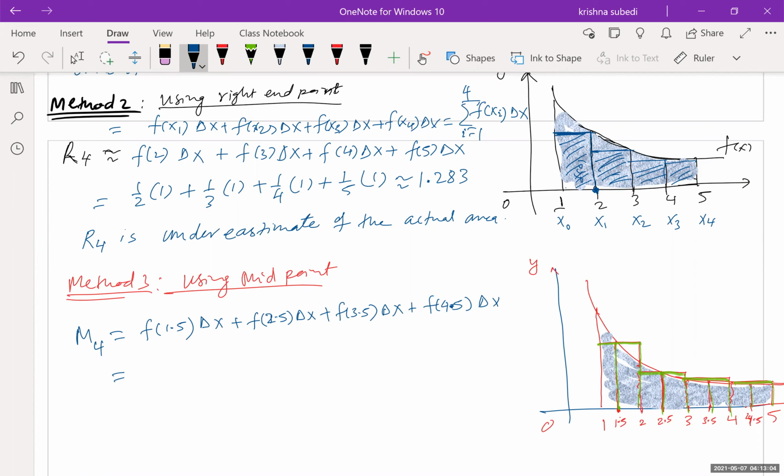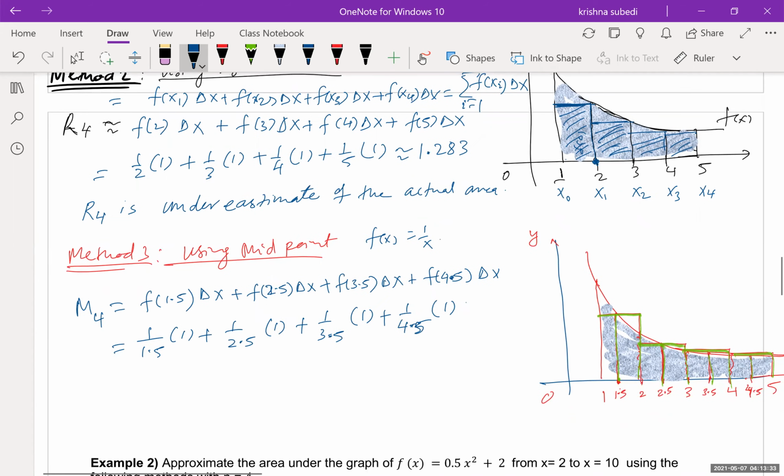Since the function is 1 over x, f of 1.5 is 1 over 1.5, and delta x is 1, plus 1 over 2.5, plus 1 over 3.5, plus 1 over 4.5, times 1. So now I need your help to calculate how much that will be approximately. Once you add all of them, we got 1.575.